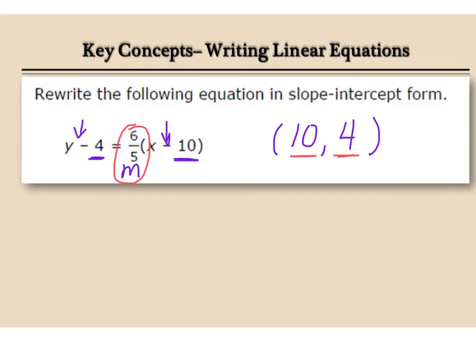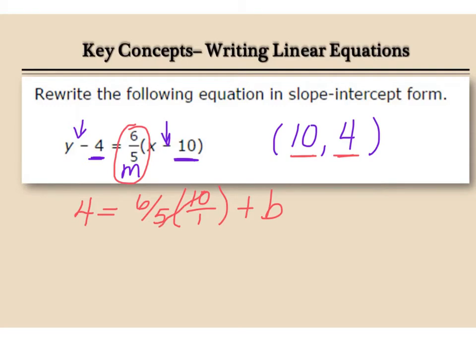So I'm going to do 4 equals 6 over 5 times 10, I'm going to make it 10 over 1, plus b. If this was an equation, it would be y equals mx plus b, because I know that that's y and that's x. So now I'm going to solve for b.